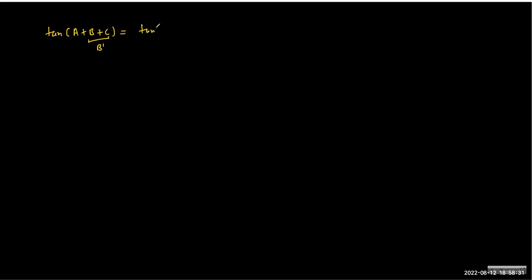You can add tan A plus tan B dash over 1 minus tan A tan B dash. Always know how to derive. And then you know how to write B dash further. So I'll just write for you.